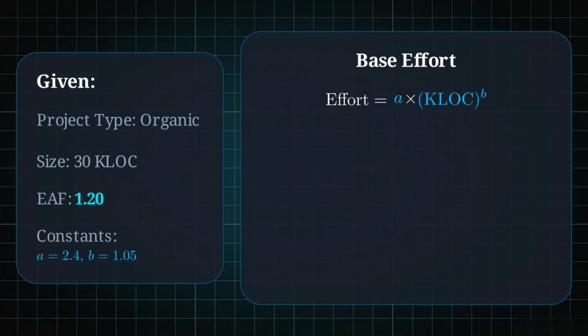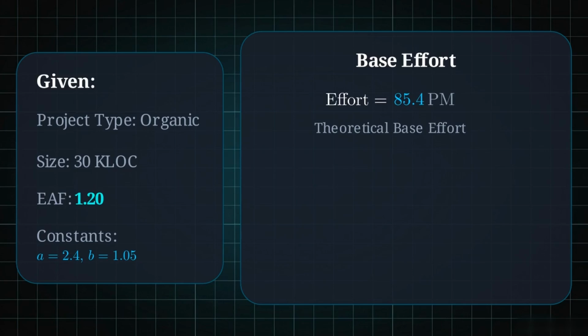To find our base effort, we plug the size into the formula. 30 raised to the power of 1.05 is approximately 35.6. Multiply that by 2.4, and we get a basic theoretical effort of 85.4 person-months. That 85.4 is what an average team in an average environment would take.